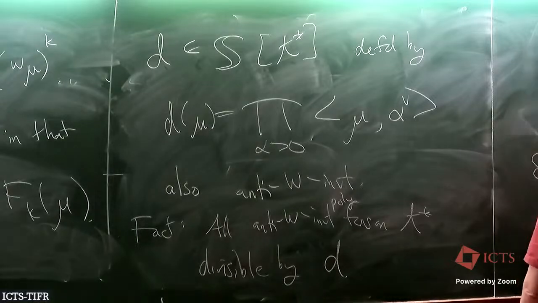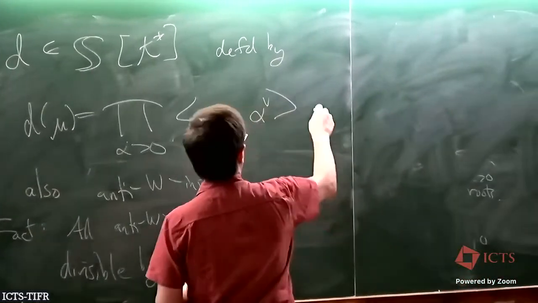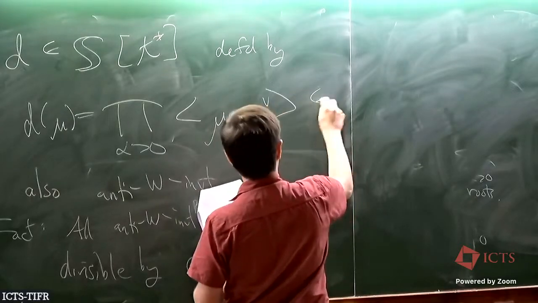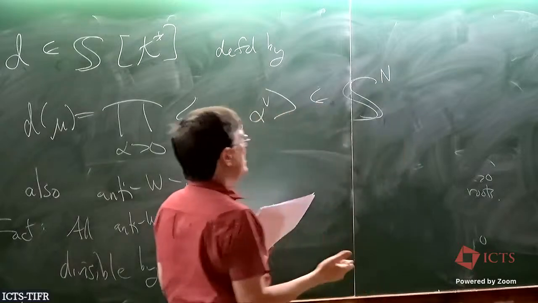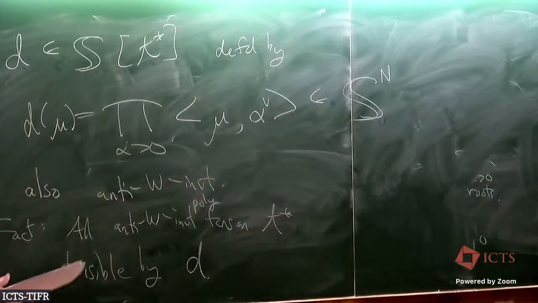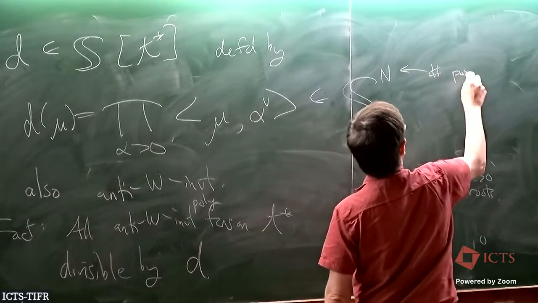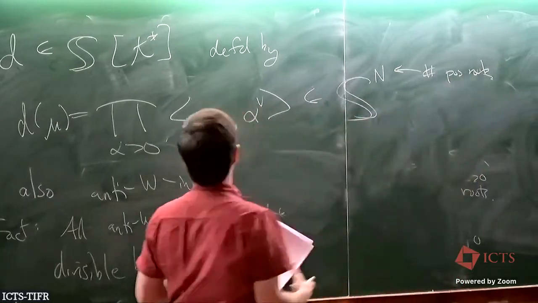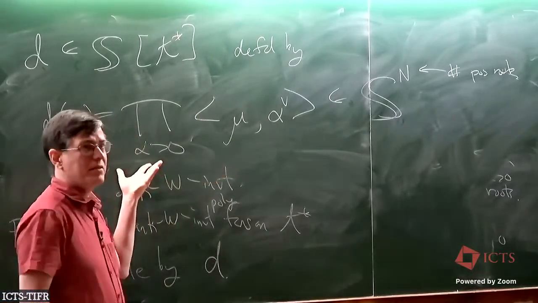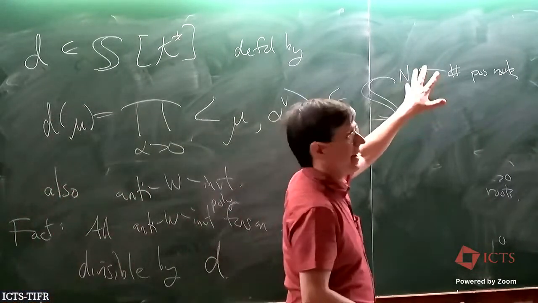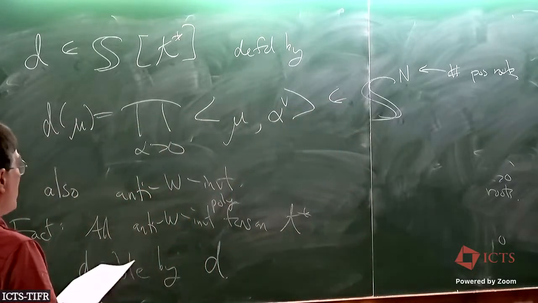This D is a polynomial of degree n, where n is the number of positive roots, which we write as n traditionally.